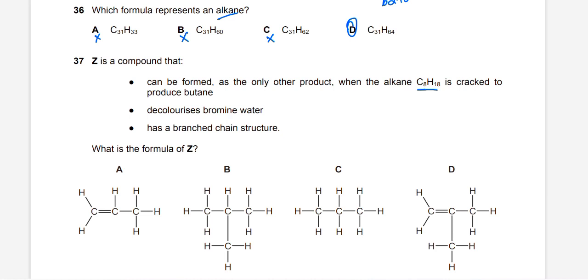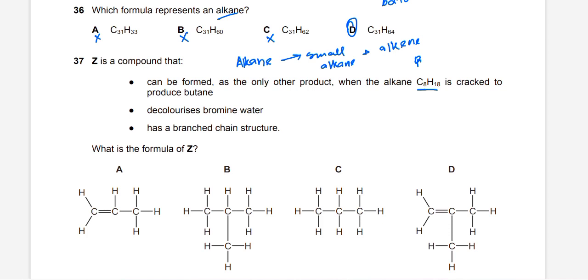Butane means 4 carbons. When an alkane is cracked, a smaller alkane is formed with an alkene or hydrogen. So if butane is formed from the alkane, the other will be butene. Butane and butene together make up the C8. Butene decolorizes bromine water.